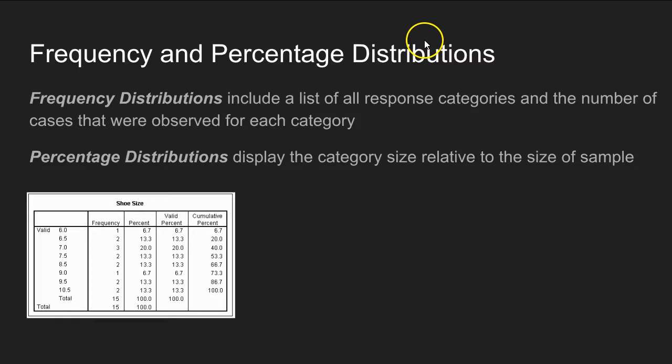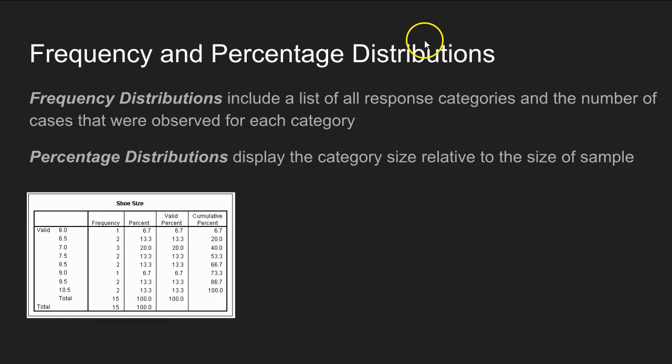In the picture here, there's a frequency distribution of shoe size. Shoe size has values that range from 6 to 10.5, and it shows the frequency of cases. There were 15 total cases in this data set, and it shows the frequency of observations for each shoe size.